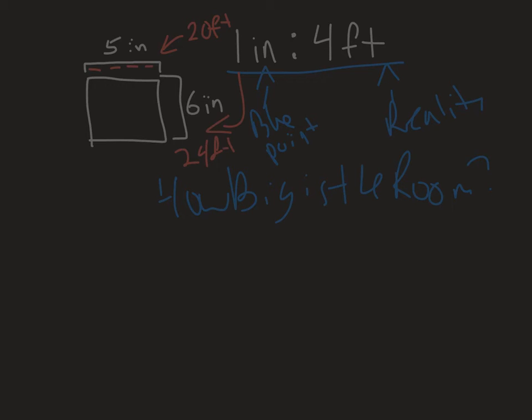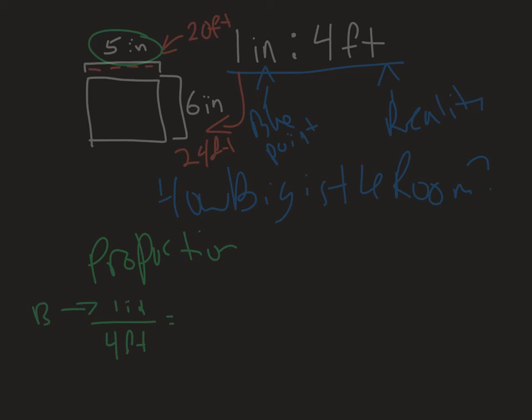Another way you can do this is you can set up a proportion. So if 1 inch is the same as 4 feet, and let's say I want to know about the 5 inch length, I have to make sure I'm setting up my proportion the same way.